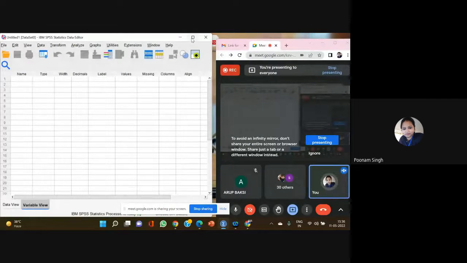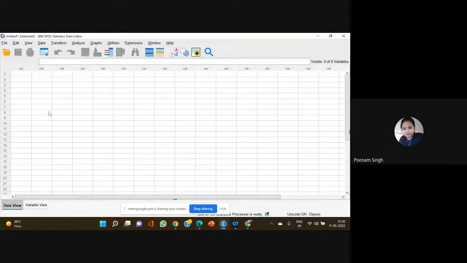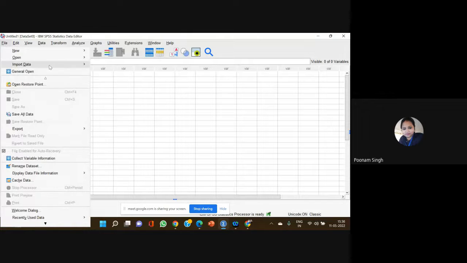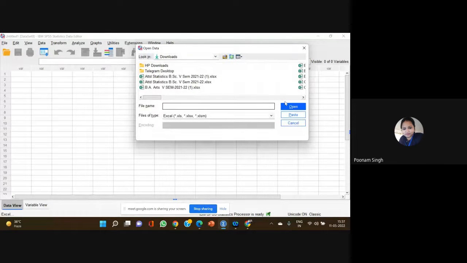So this is our SPSS window, and let us take one example to show how a scatter plot is drawn. We are importing data from Excel, and suppose we are taking this example, let's take SLR4.